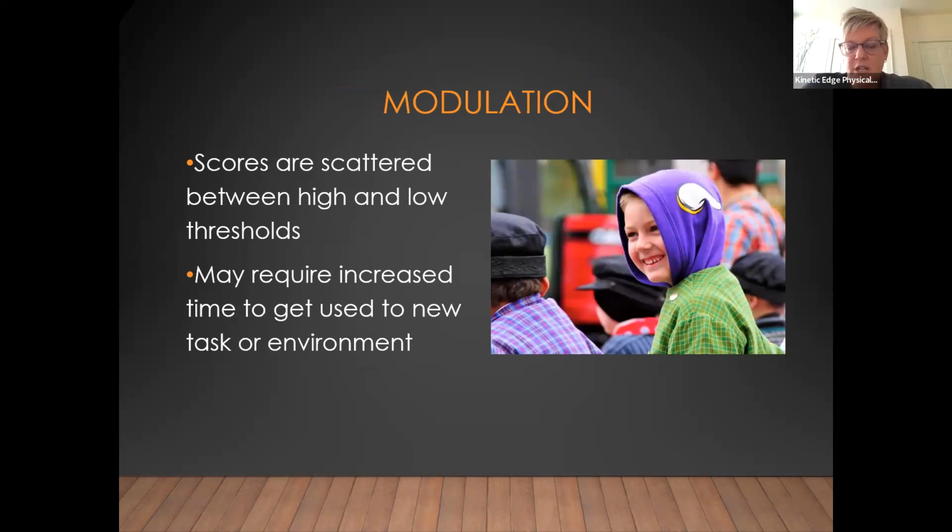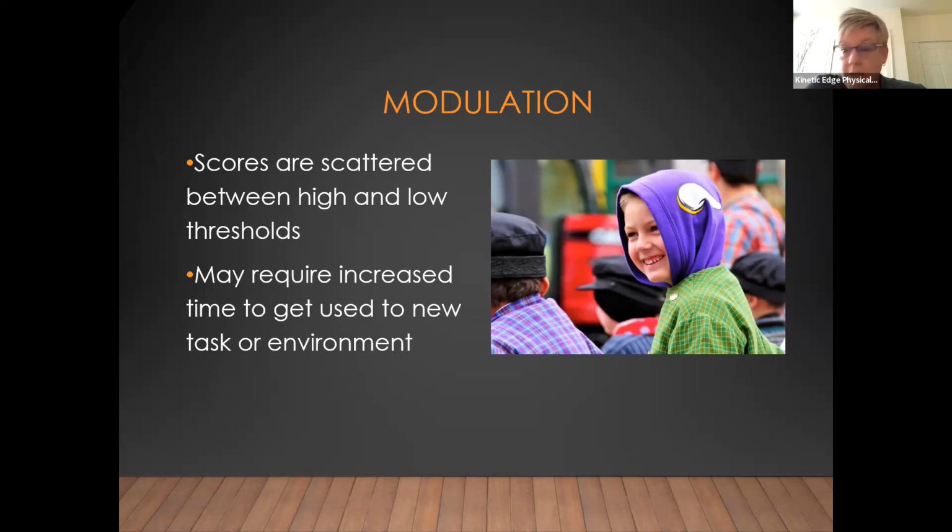So modulation is our brain's ability to either ramp something up for us so that we pay attention to it, or dampen it so that we don't. So, for example, an extreme example would be a fire truck drives by your classroom with the sirens, and some of the kids are going to completely stop what they're doing, get up, go look out the window, check that out.